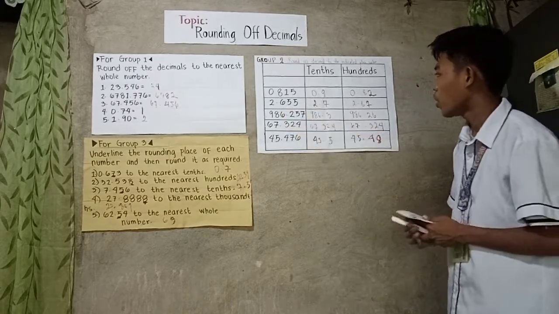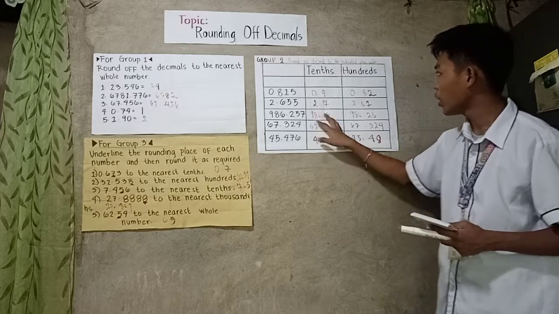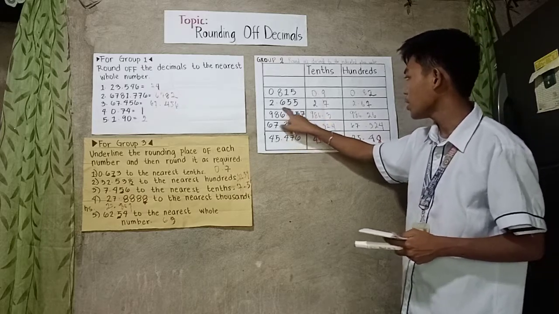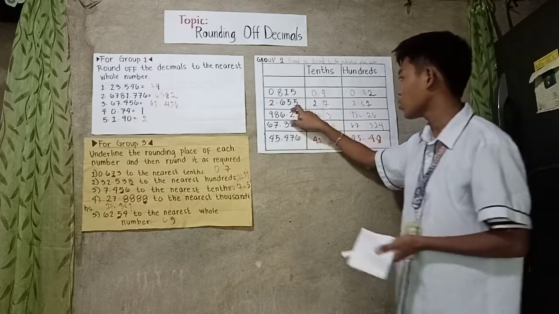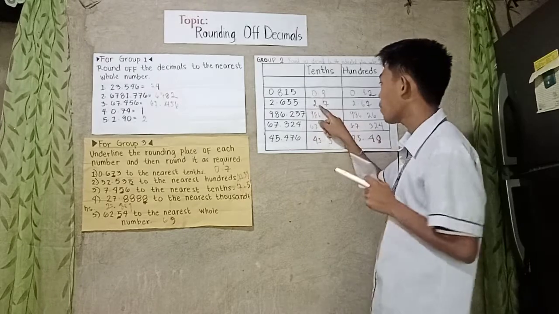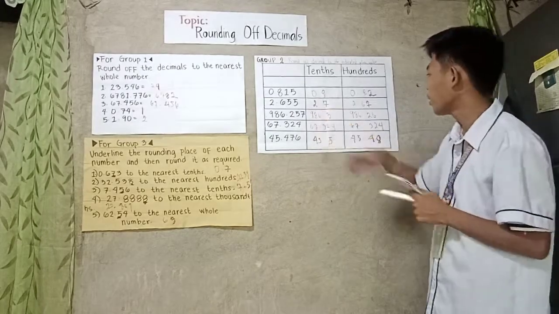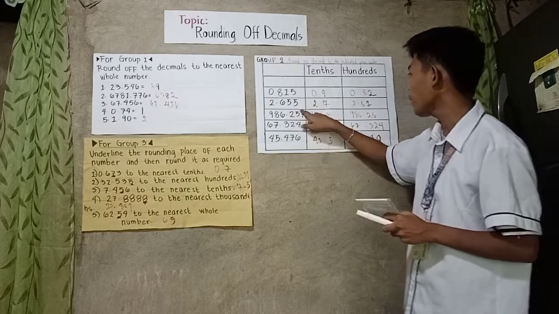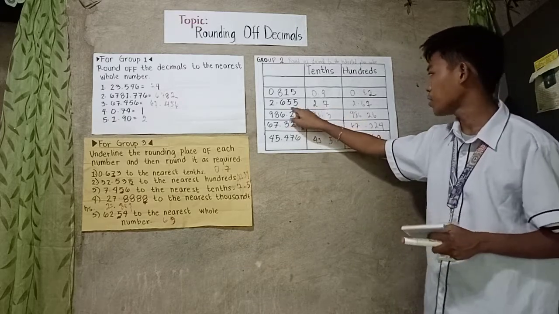For this, 2.655, we are to round it to tens. So ones, tens. The digit next to the tens is 5. So since it is 5 or bigger, it will become 2.7. Next is for the hundreds. So 2.655. Ones, tens, hundreds.